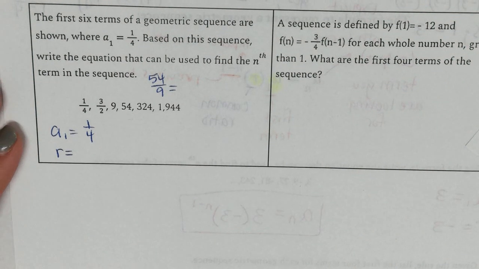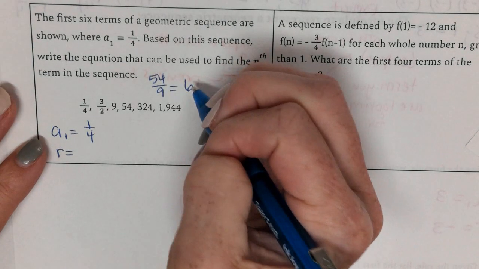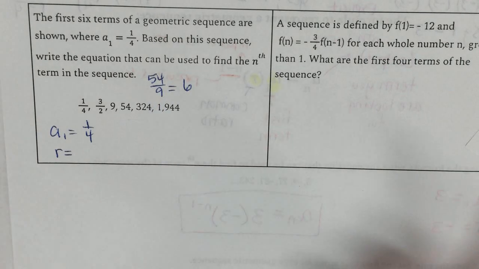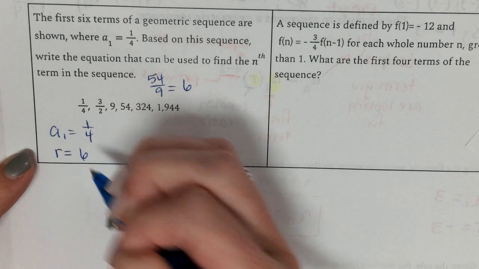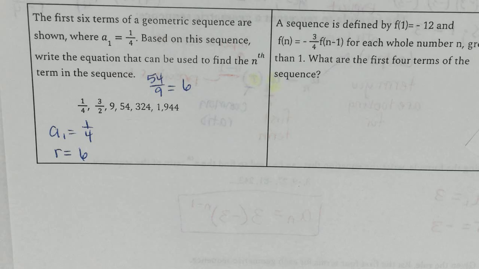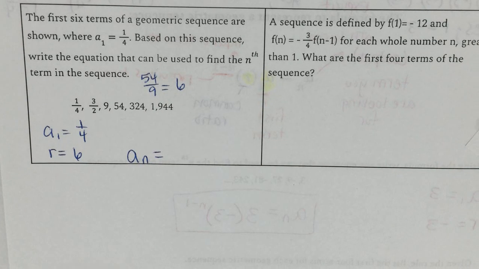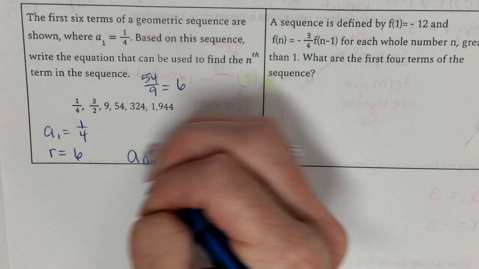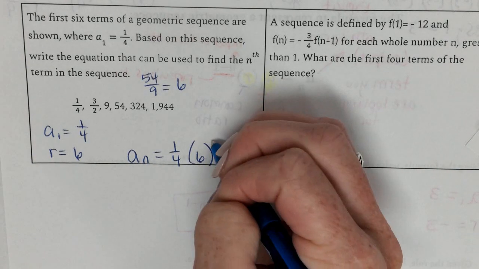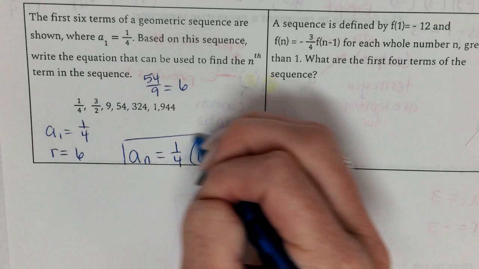Well, 54 divided by 9 is 6. It was just easier for me to do that because I know 54 divided by 9, where I wouldn't have known 3/2 divided by 1/4 was 6. Make sense? Okay. So my common ratio is 6, and now I write my explicit formula to find the nth term. A sub n equals the first term, 1/4, times the common ratio, 6, raised to the n minus 1.